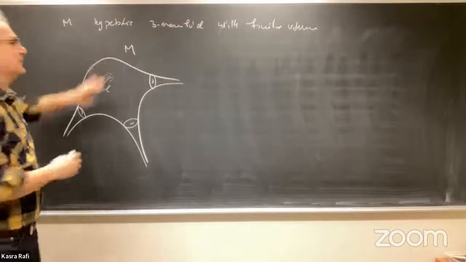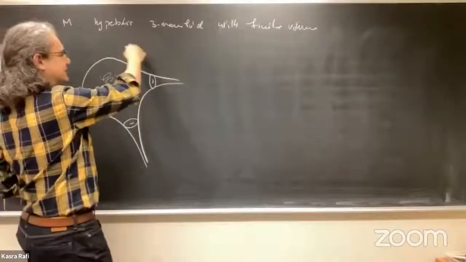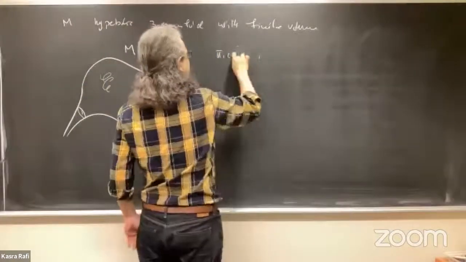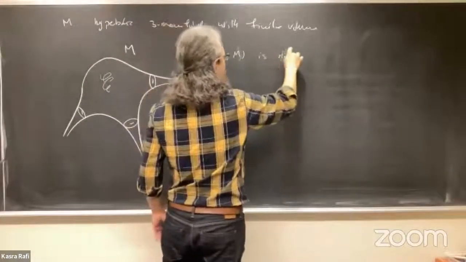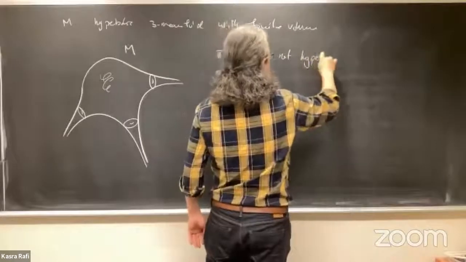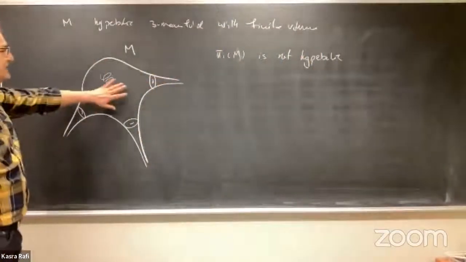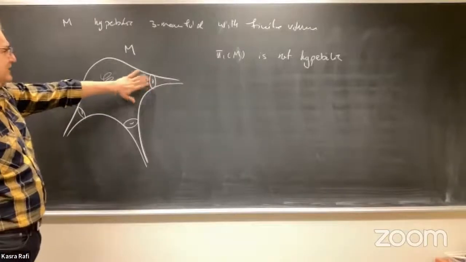If you think of this as a model for the fundamental group, then the fundamental group of M is not hyperbolic. Why is that? Because you have these tori in the boundary.